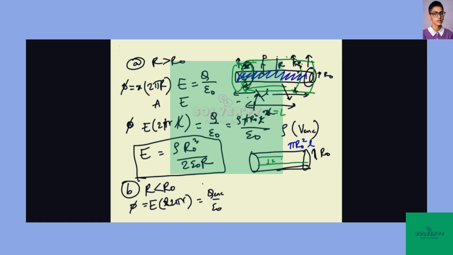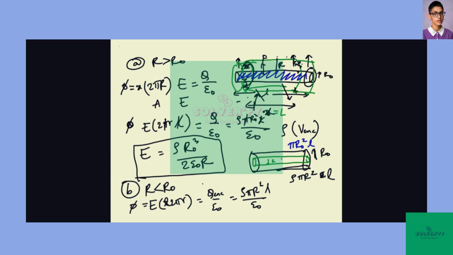So we consider another cylinder with this radius. The charge enclosed will be rho times pi r squared L. So that is rho pi r squared L by epsilon naught.